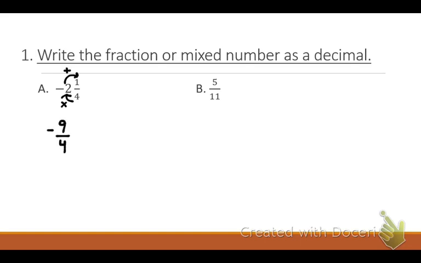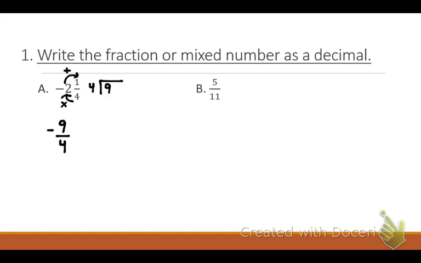Once again, you're keeping the negative, because if that was -2 1/4, this is -9/4. Now that I have this fraction, does anybody know how I would turn this into a decimal? I've got to see how many times the 4 can go into the 9. In order to do that, I just want you to come up here. You're going to want to write kind of small. 9 divided by 4.